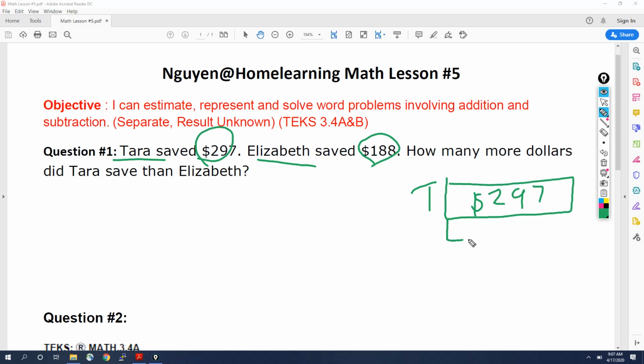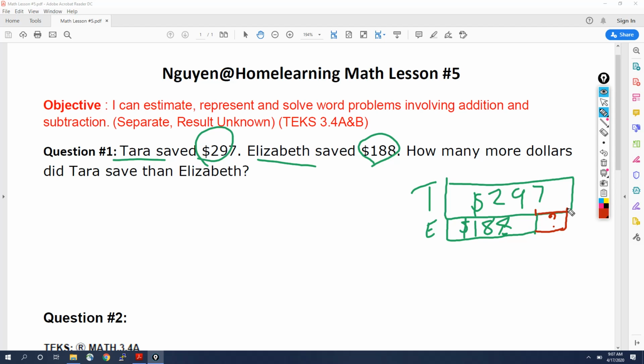So I'm going to draw somewhere shorter right here to represent $188, and this one is for Elizabeth, so I put E right here. They say how many more did Tara save than Elizabeth? So you need to look for the difference right here. Tara actually has this much more than Elizabeth.